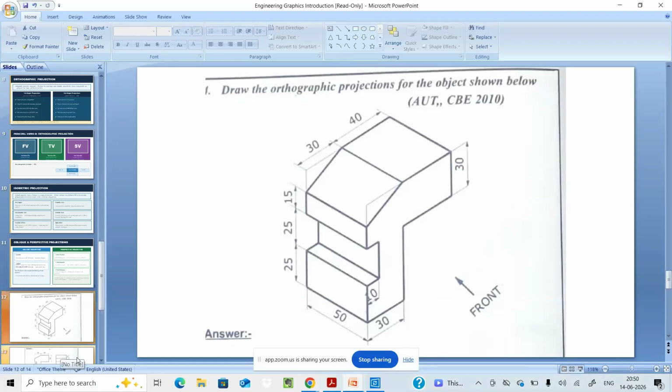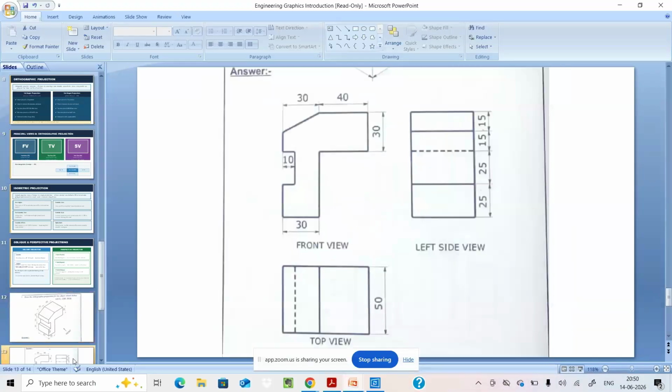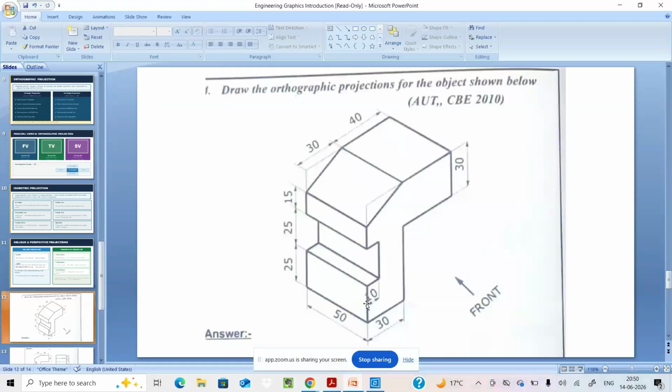So for this particular drawing, the front view is here, your so-called left side view is here, and the top view is from the top. So for this particular basic drawing, the answer will be like this. That is, the front view, whatever was visible here, that is this 30 mm, this 30 mm, and the remaining 70 mm.